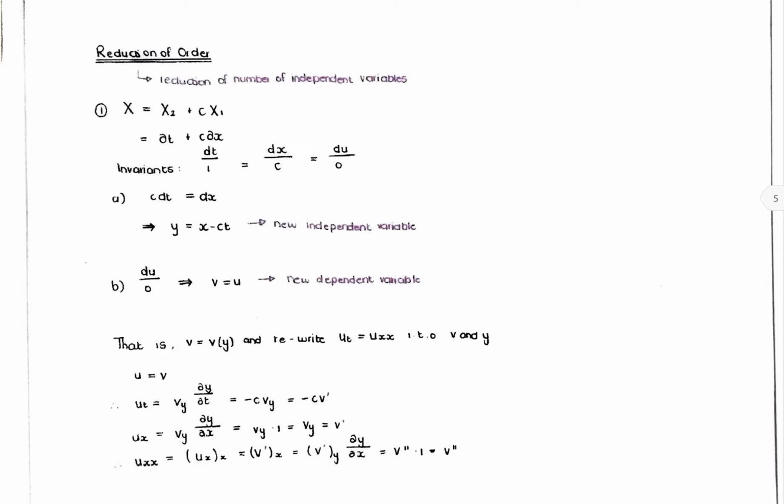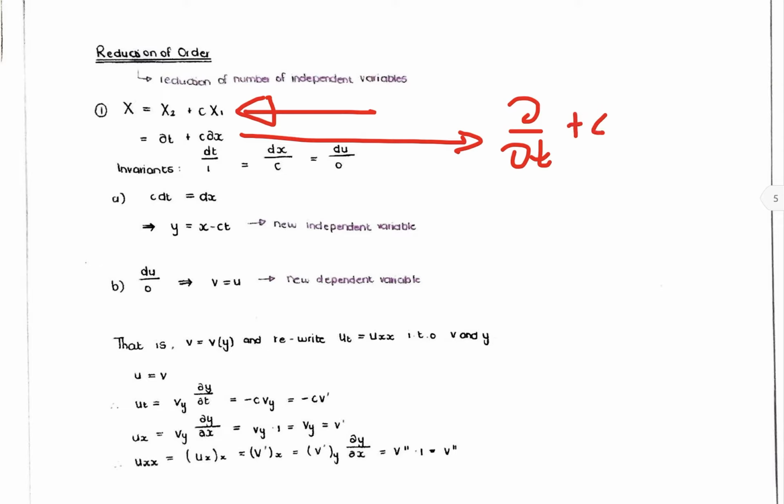If you take a combination of translation in time and space, you end up with a traveling wave solution. For example, this vector field here, d by dt plus a constant times d by dx plus 0 times d by du.